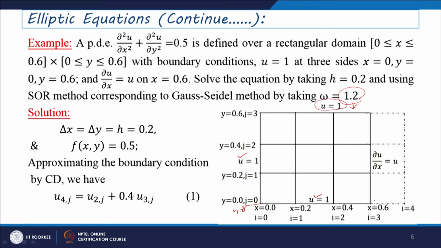At the last boundary, x equals m, that is i equals 3, we have del u by del x equals u. That is why we are considering this cell as a fictitious cell, where these values will be updated from these two values.